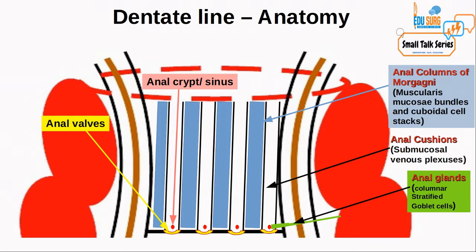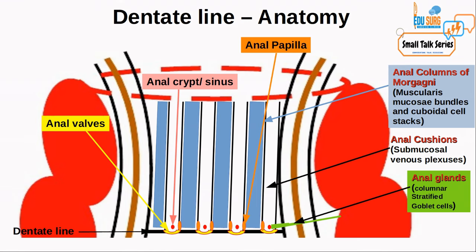And these anal glands are blind ending, usually vestigial, but if they get infected, they can lead to perianal abscess as well as fistula in ano. So that is the significance of these anal glands which open into the anal sinuses or crypts, which are present in the pockets formed by anal valves.